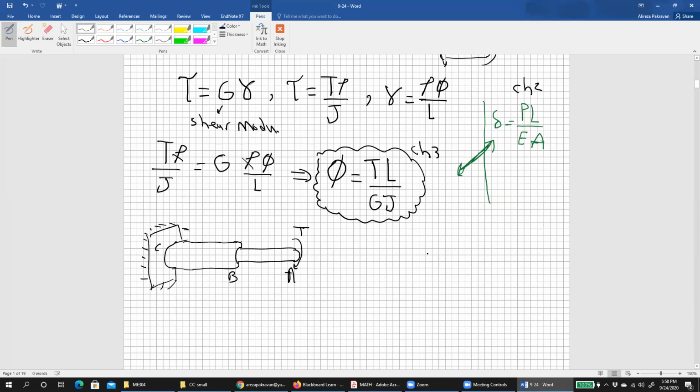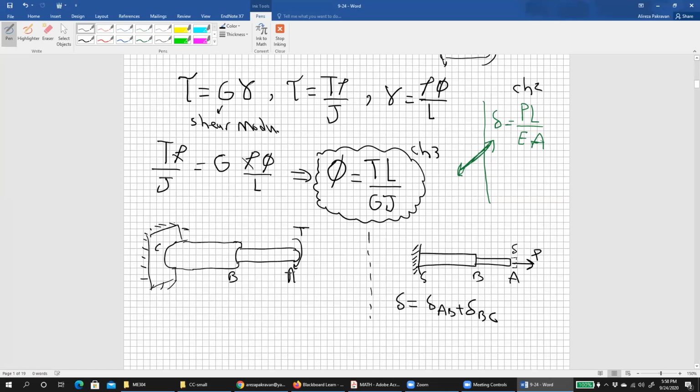Just keep this one here on the left-hand side and go back to chapter 2, where we have a bar with load P, and points A, B, C. Remember, we said delta AB plus delta BC would be the total delta.